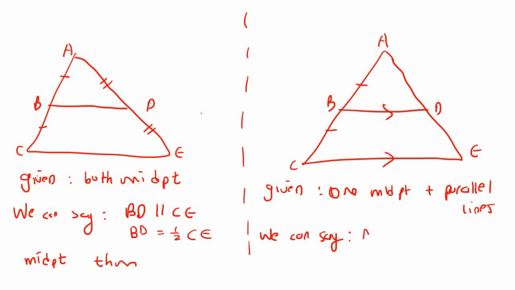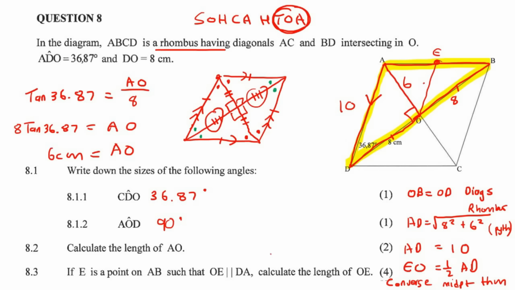And then we can also say that BD is half of CE. When it's this way around, then we say converse midpoint theorem. And so we can finally say EO is half of 10, which is 5 centimeters.